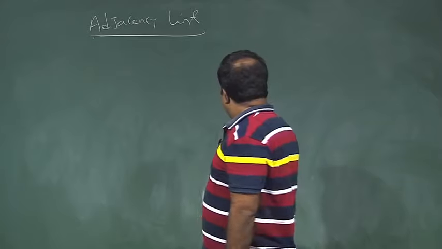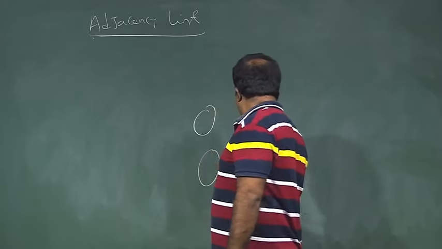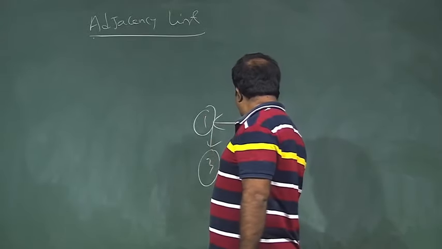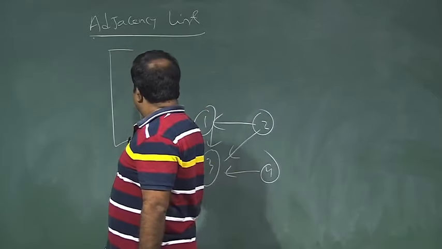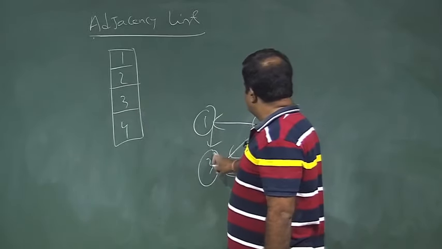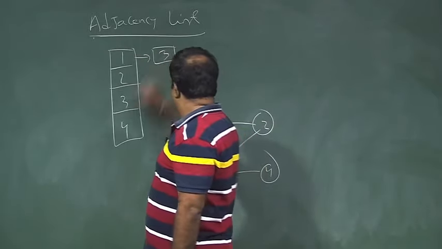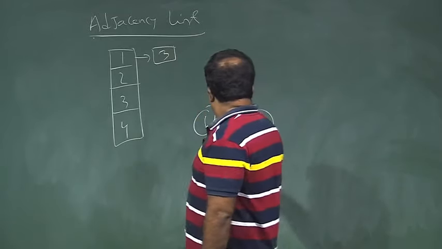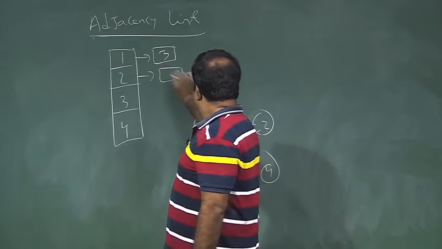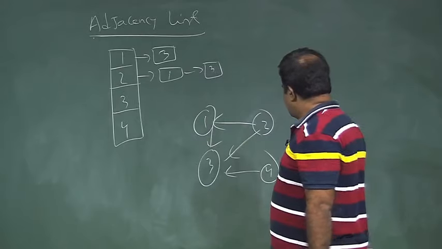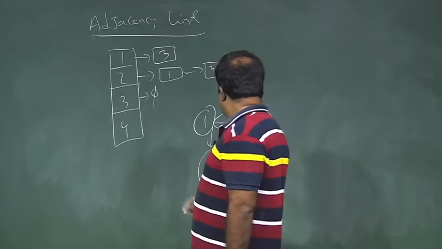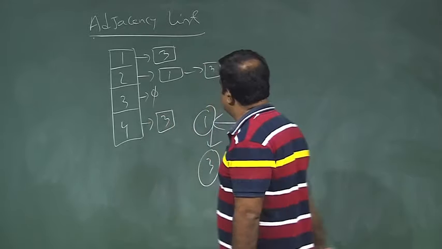So, for example, if we had that graph with V1, V2, V3, V4, the adjacency list says 1 is connected with 3, 2 is connected with 1 and 3, 3 is empty, and from 4 we have 3. So, this is the adjacency list.